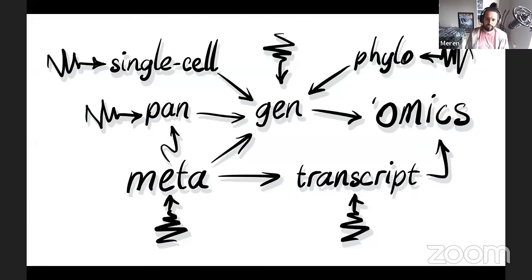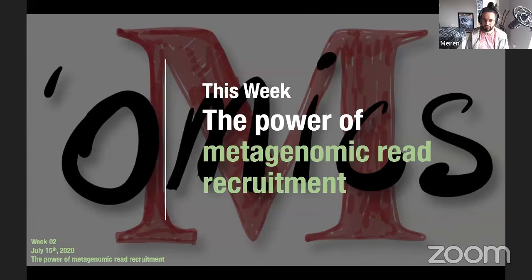And this week, we are going to be focusing on the power of metagenomic read recruitment, a concept that took me a long time to truly appreciate. I studied amplicon sequencing, 16S ribosomal RNA gene sequencing at the beginning of my journey at the Marine Biological Laboratory. And during that time, I had an understanding of how microbial systems were being studied, and that understanding truly contrasted with, perhaps I should say interfered with, my later understanding of general omics.